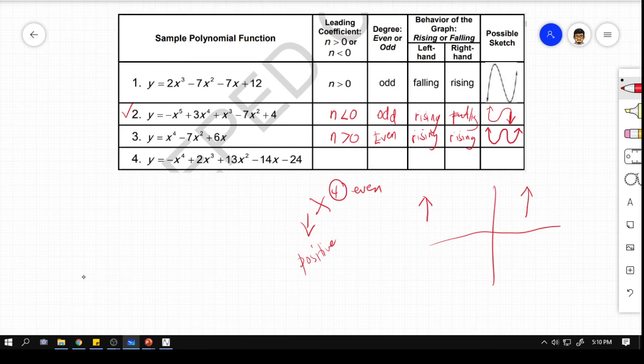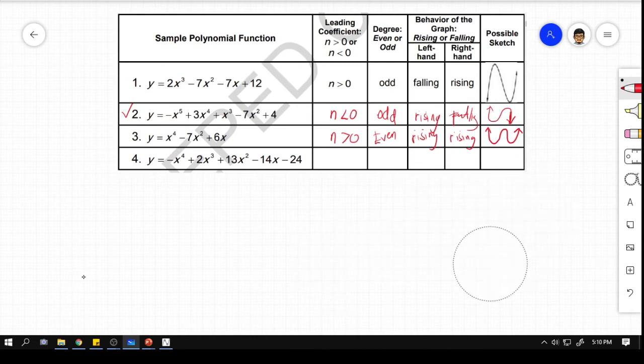Okay? Next, number 4. Say we have y is equal to negative x raised to 4 plus 2x cubed plus 13x squared minus 14x minus 24. The leading term is negative x raised to 4, in which the leading coefficient is negative and the degree is even. So, for this, the leading coefficient is less than 0 and it is also even.